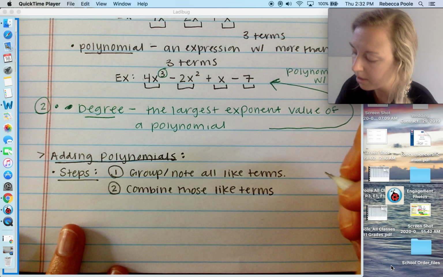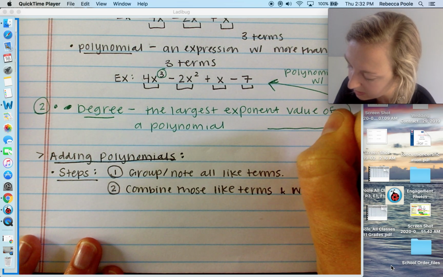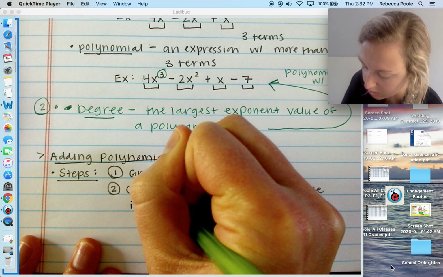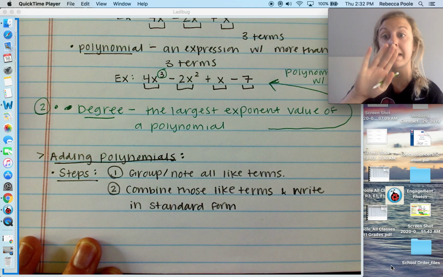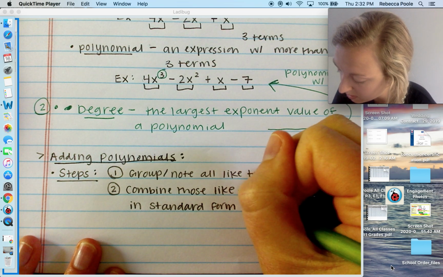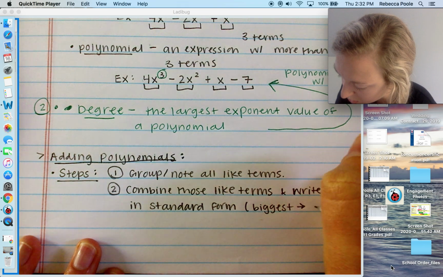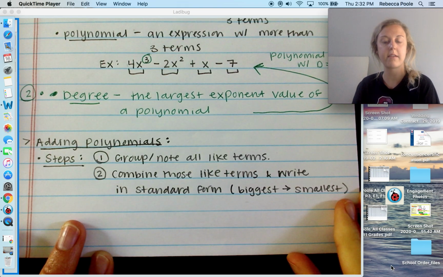Combine those like terms and write in standard form. And just as a review, remember standard form just means biggest exponent to smallest exponent, okay? Biggest to smallest. All right, that way you guys have it down, okay?